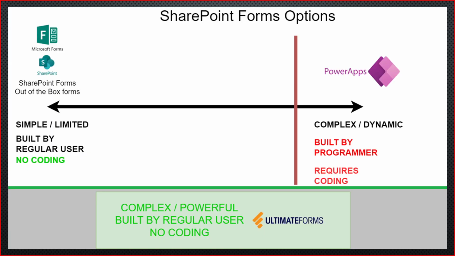This is a diagram of some of the options available to us when it comes to doing forms as it relates to Power Automate. We have Microsoft Forms, which is very lightweight, appropriate for surveys or something basic, but really very simplified and limited in terms of building any kind of dynamic functionality.